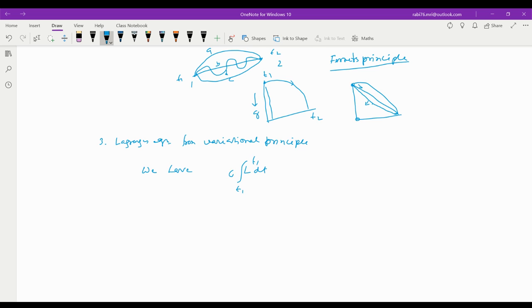So taking its differential will be equal to 0. That means from t1 to t2, integral of delta L dt will be equal to 0. Now from the rule of partial derivative, L is a function of qj, qj dot and t.